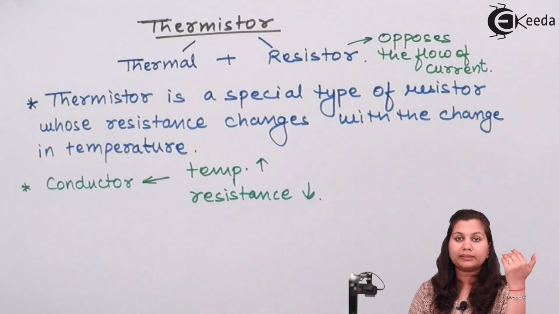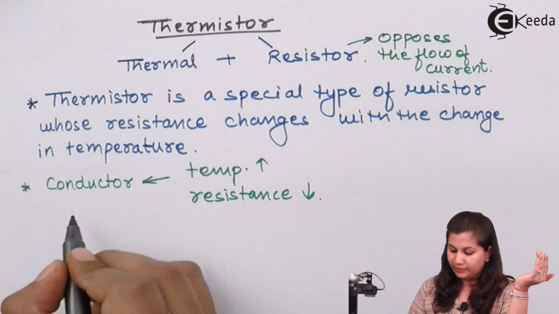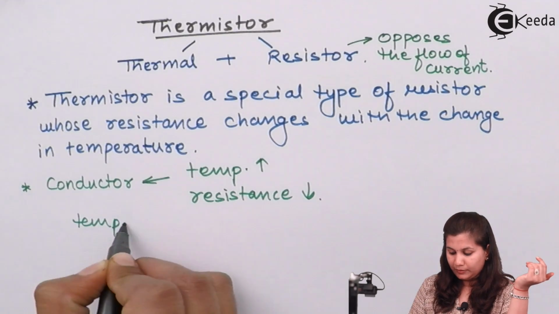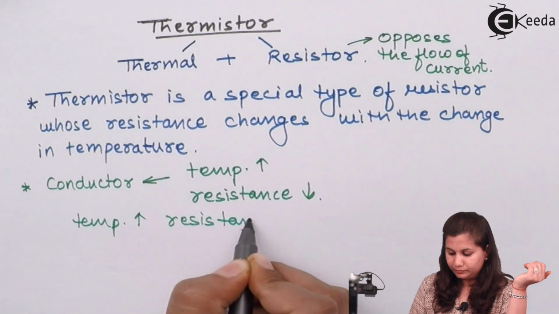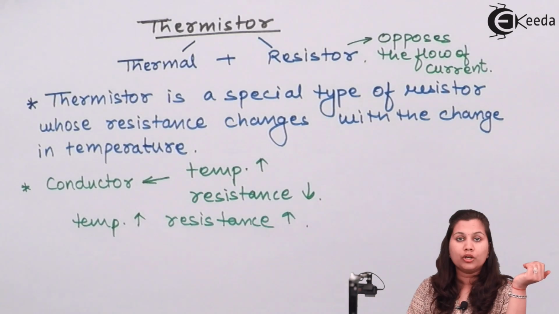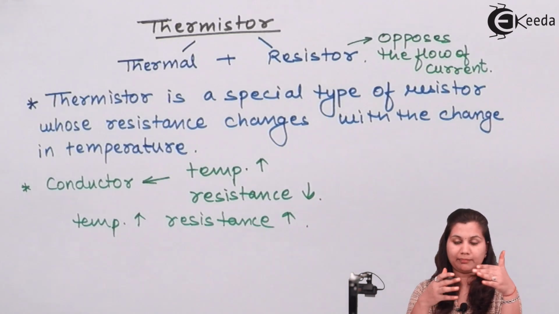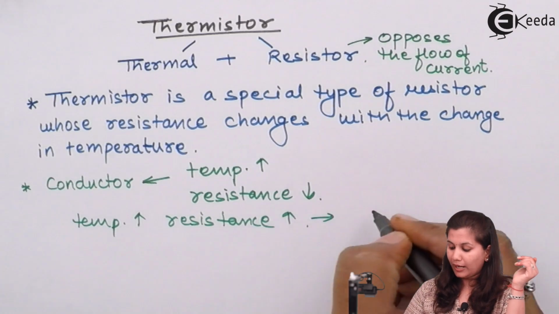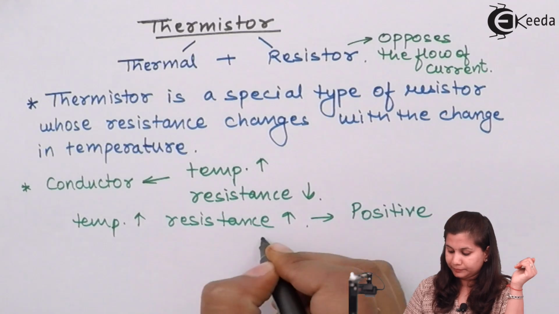Now it may be possible that with the change in temperature, when the temperature increases, the resistance also increases. So the materials in which the resistance increases with the increasing temperature are supposed to have a positive temperature coefficient.